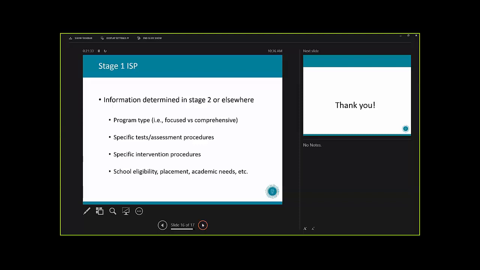Those are pieces, again, determined perhaps in conjunction or concurrently with stage 2, but are kind of a process outside of the ABA billing guidelines or this service delivery. It's a school-based service, and so those kind of information decisions are determined elsewhere through their processes. So those are a few pieces in terms of things that are not covered in stage 1 but elsewhere.